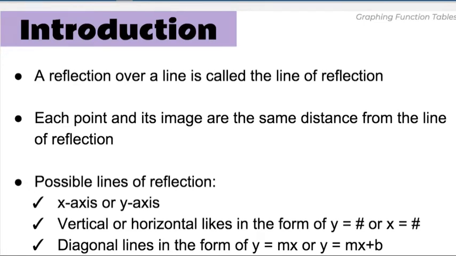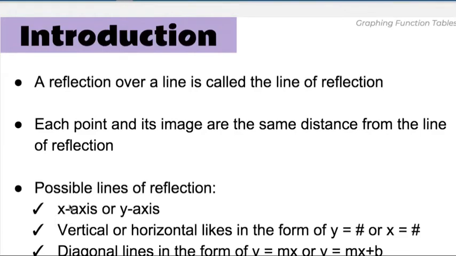The first possible line would be the x-axis or y-axis. It could be a vertical or a horizontal line, oops, that should say lines, in the form of y equals a number or x equals a number.